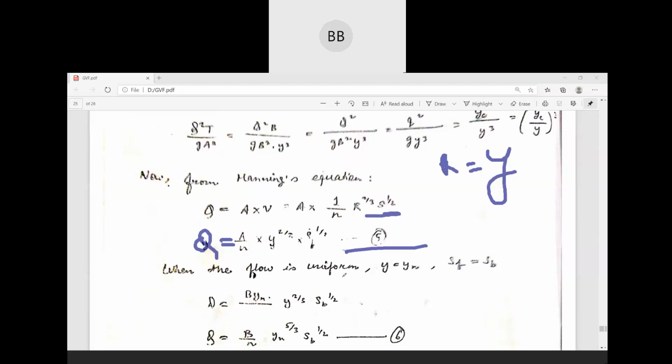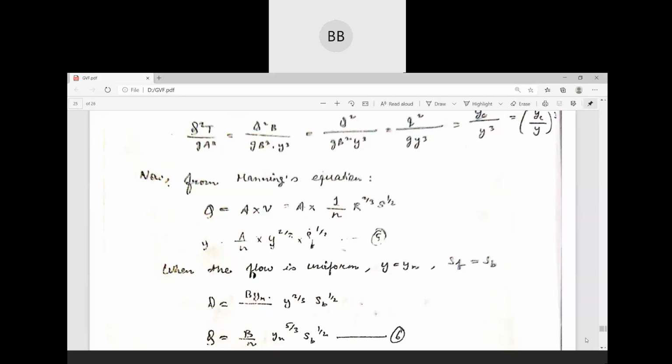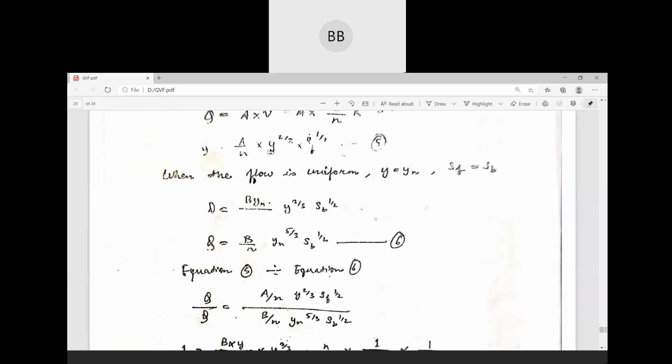When the flow is uniform, because in the assumption you have seen we are considering the flow is uniform, your y equal to yn and Sf equal to Sb. For uniform flow, all the depths are same and your slope is also same. So we'll substitute here in equation number 5.